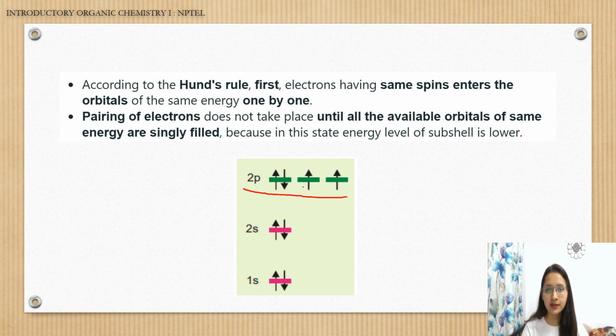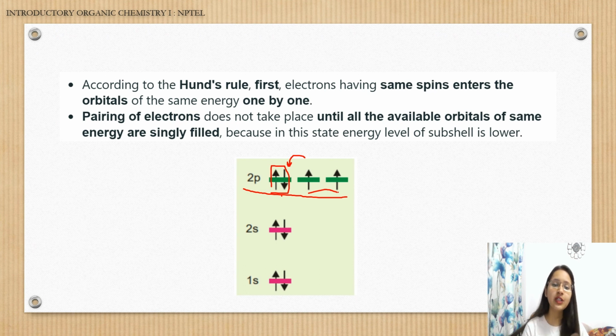You have to fill the electrons in such a way that first you fill singly all the orbitals. A single electron should be there in the x, y, and z orbitals of this 2p. Fine. And then you have to couple it, then you can fill the other electron. Then the pairing of electrons can be done, right? Otherwise, you cannot directly fill two electrons and leave the other orbitals blank. So this is what Hund's rule states.